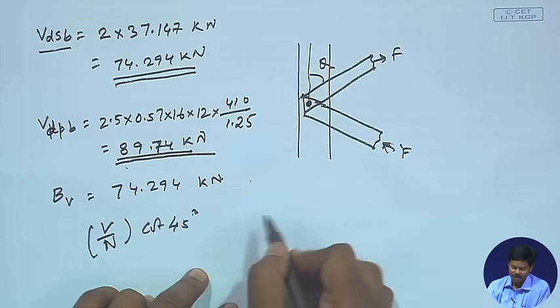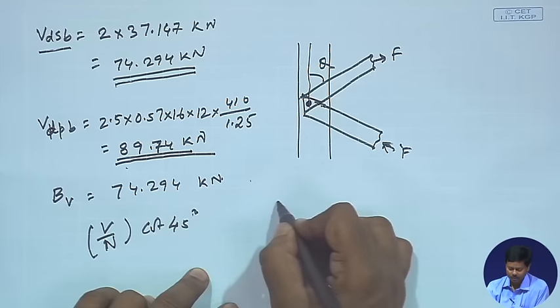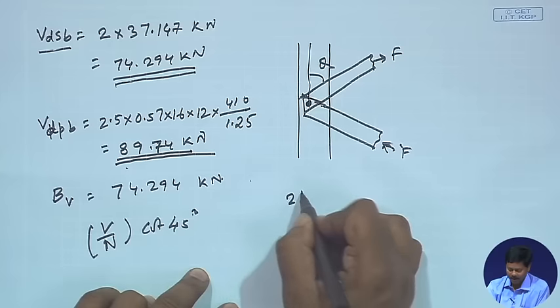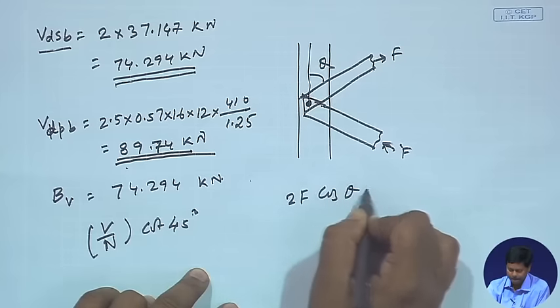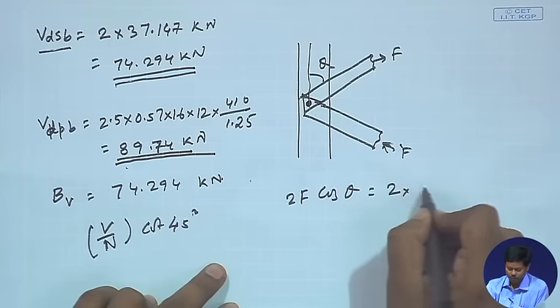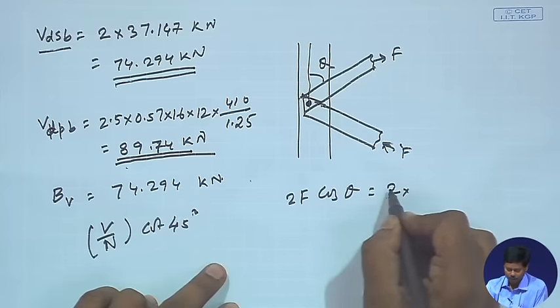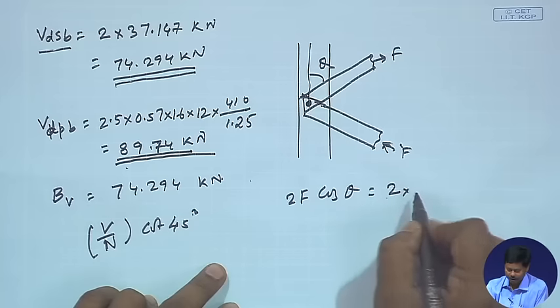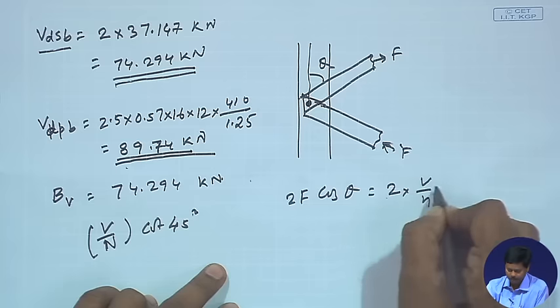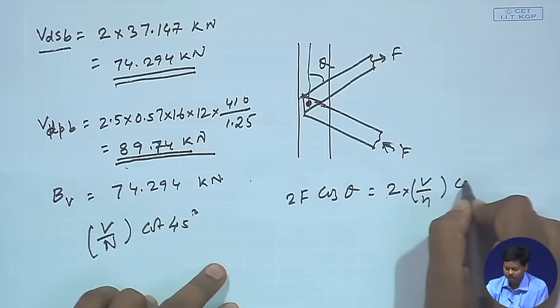So, if this is theta, then we can find out 2 f cos theta. So, 2 into f means V by N, earlier we got cosec theta.